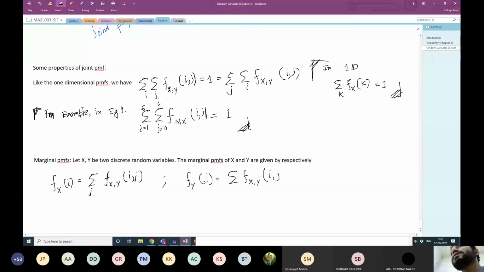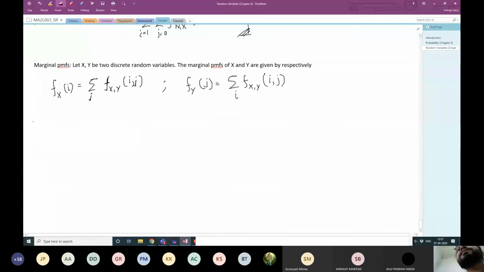Sir, could you please discuss the marginal PMFs? I'm not getting that one. Okay, so I'm discussing it. I'm giving an example now. Marginal PMFs are obtained from a joint probability mass function.